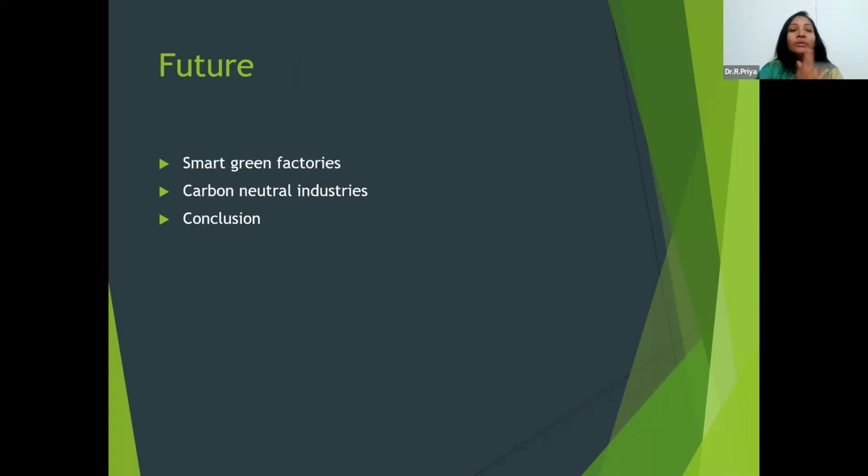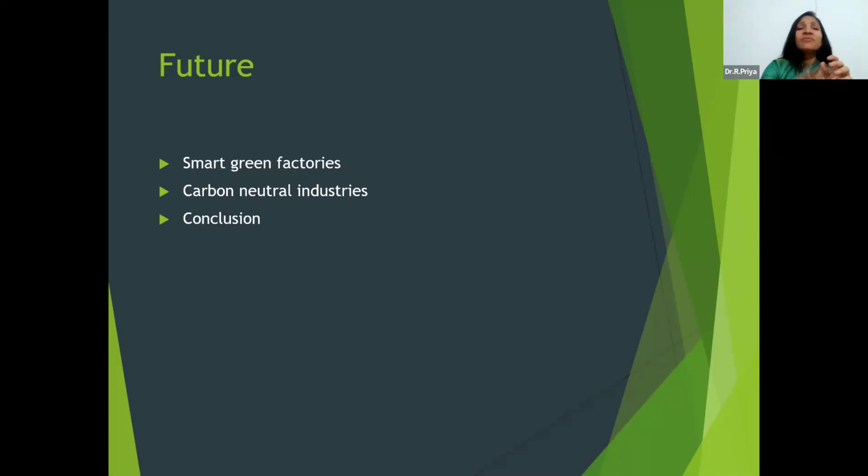Then here the future of green manufacturing. The future of manufacturing is moving towards smart green factories. These factories will use AI, IoT, automation and data analytics to control the energy use, reduce the waste and optimize every stage of production.